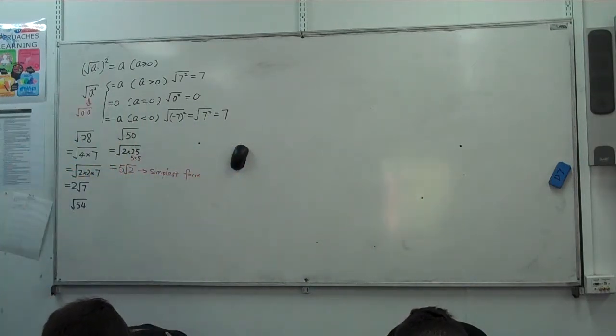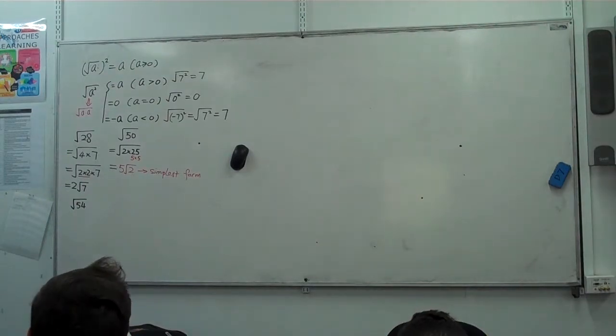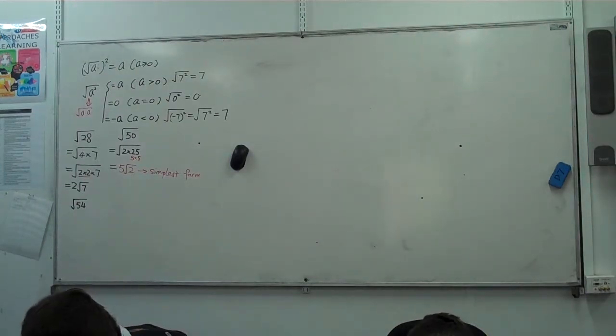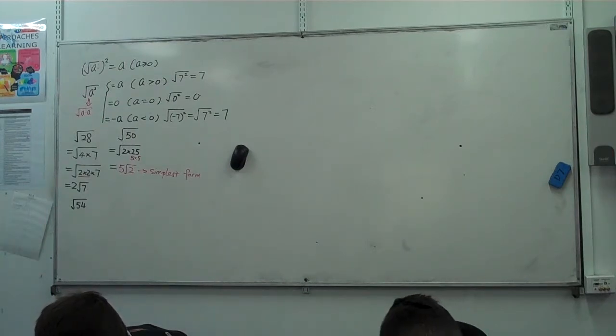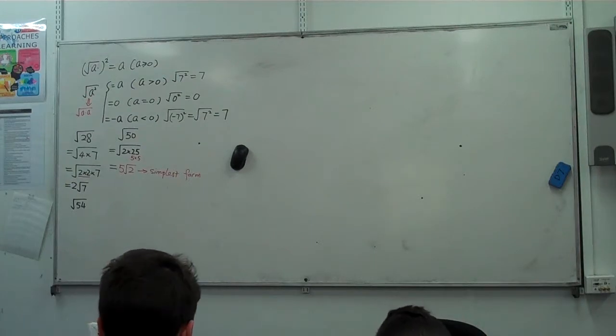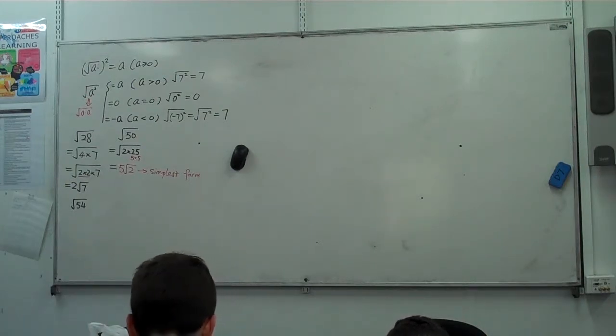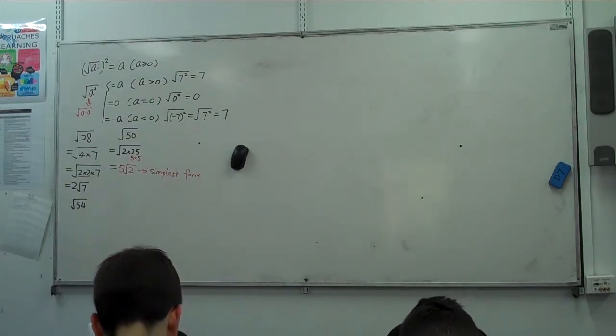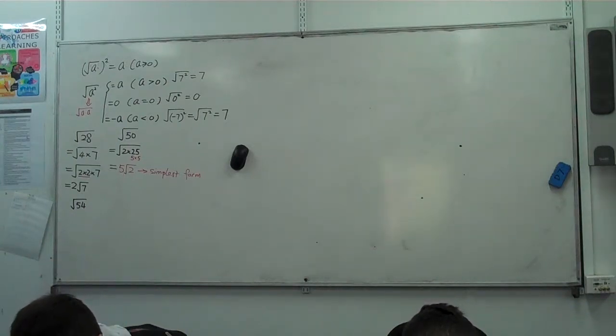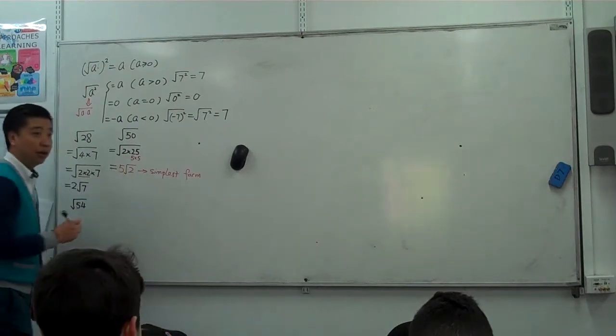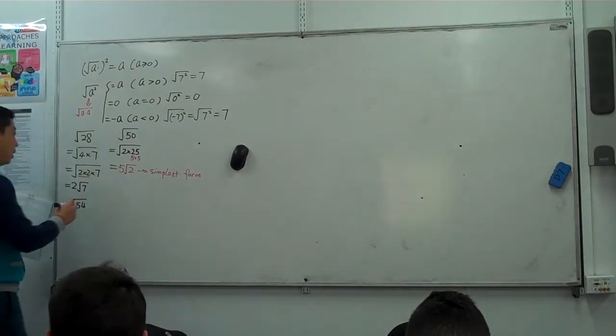Square root 54. Correct, very good. 54. Now, you have to be very familiar with some of the square numbers.